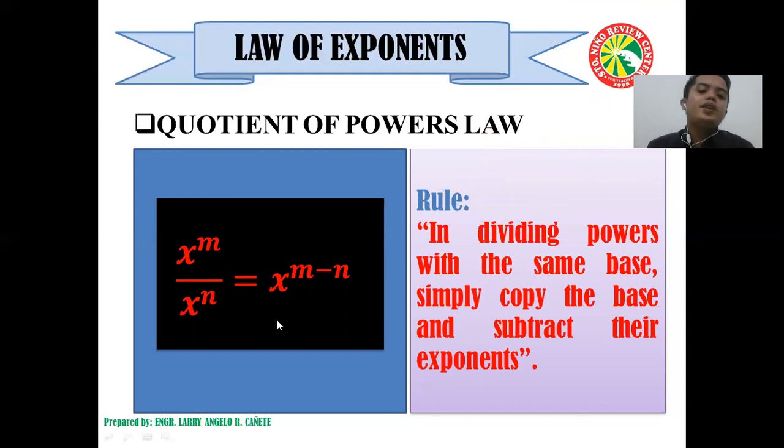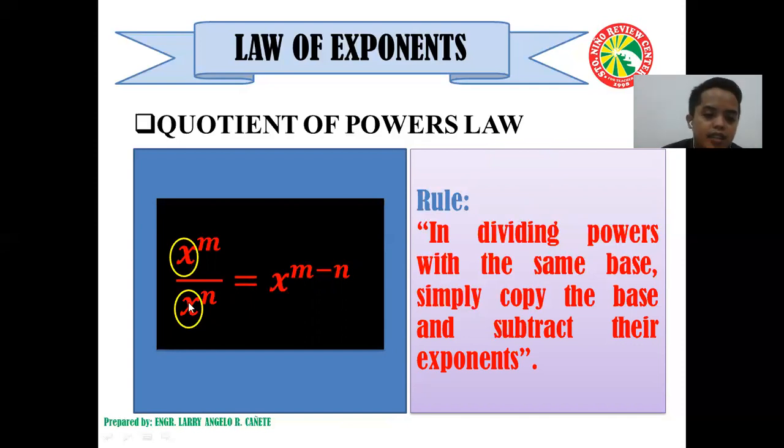So again, before you divide, or subtract the exponents, make sure that they have the same base. So x and x. They must have the same base. Same as what I discussed in the previous law, if this is x and this is y, you cannot use the law, or you cannot simplify for that. So it must be the same base.